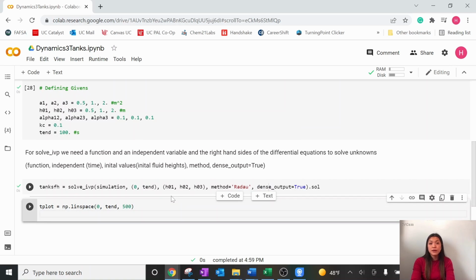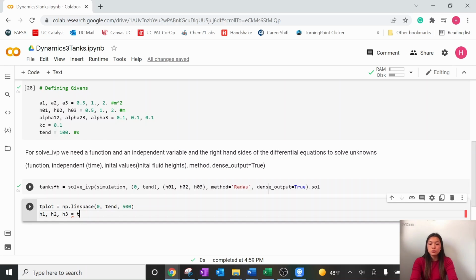We also need to define what the y values are going to be. So the y values are going to be the heights of the fluid in the tanks. That's going to be the height in tank 1, the height in tank 2, and the height in tank 3. And what these heights actually are is the tanks FH. This variable here that we defined earlier is the solve IVP.